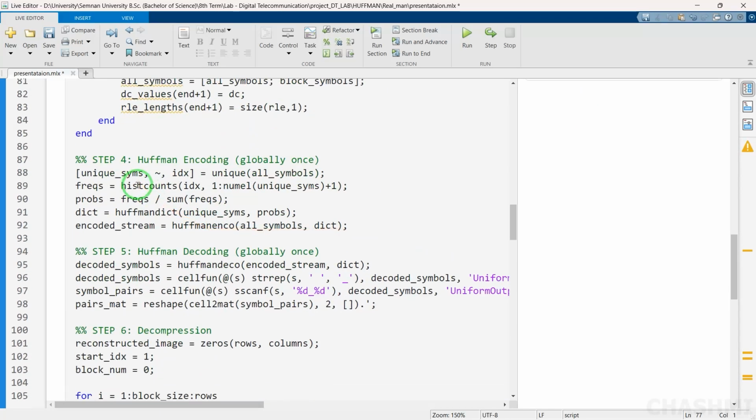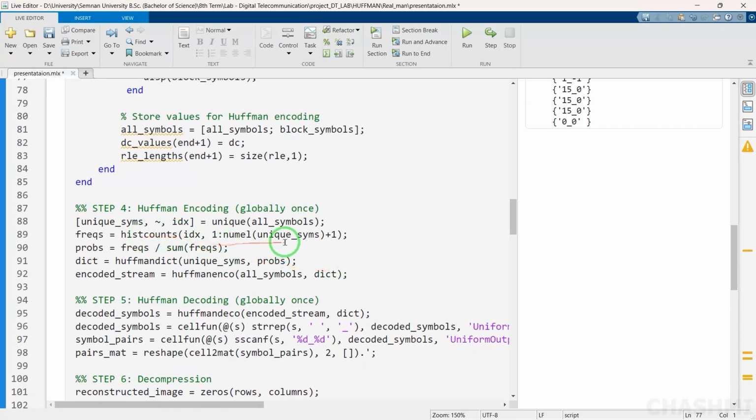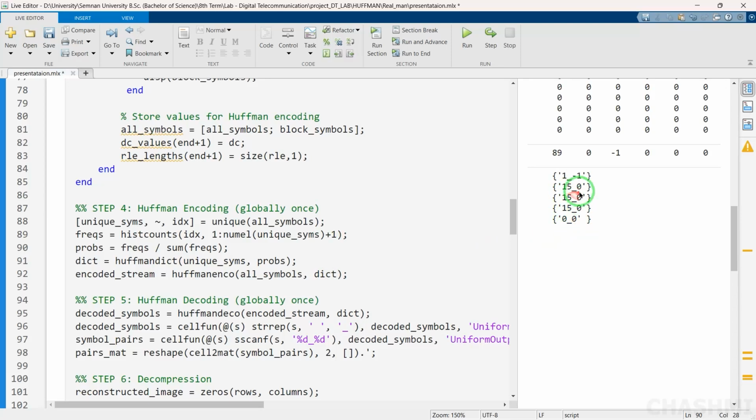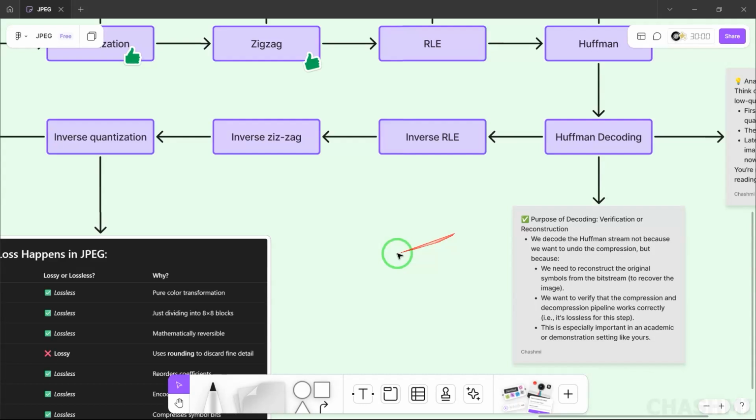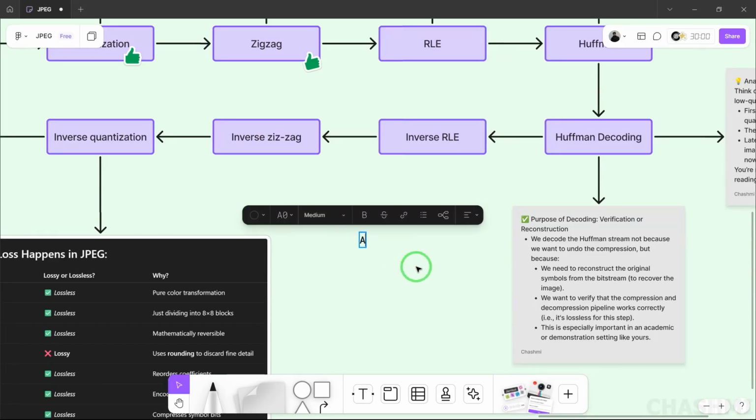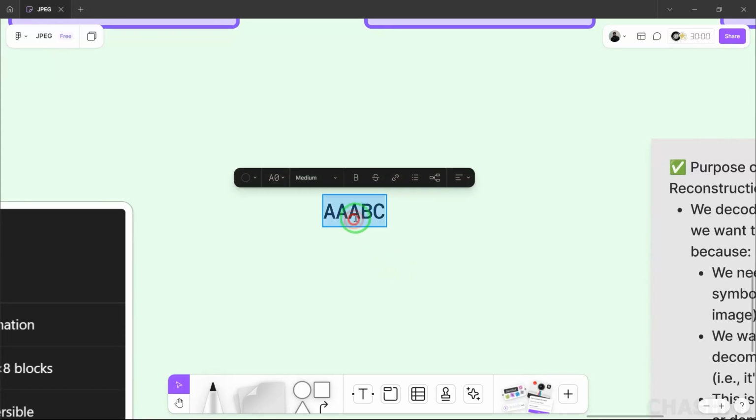Then we are going to count these unique symbols, or better to say, assign a frequency to these unique symbols. For example, let's make it easy: imagine I have text A, B, C. What Huffman does here is it sees that A is repeated 3 times, B 1 time, and C 1 time.